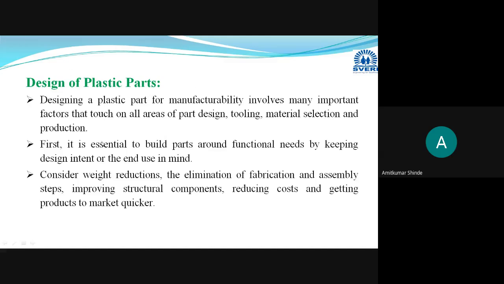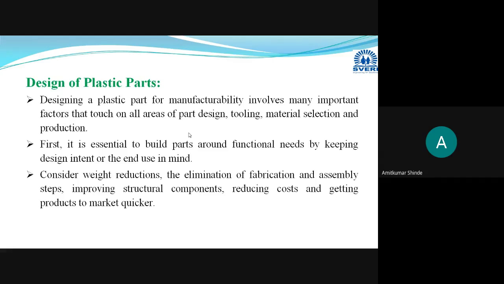While designing any plastic part, you have to take into consideration how that part should be designed, and which tooling and material you are going to use to manufacture that particular plastic part. Suppose you have finalized one design depending on your need or use.